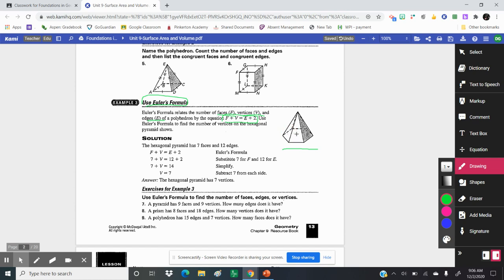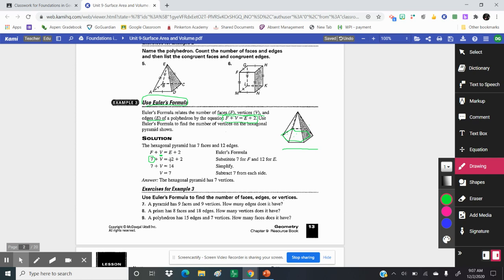Let's count the sides. 1, 2, 3, 4, 5, 6 plus the bottom, so that'll be 7 of your faces. And we want to know how many vertices it has. That's what we're solving for.